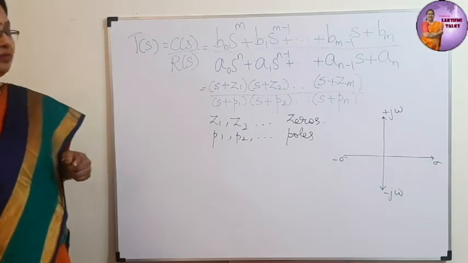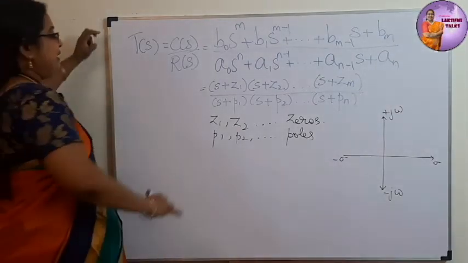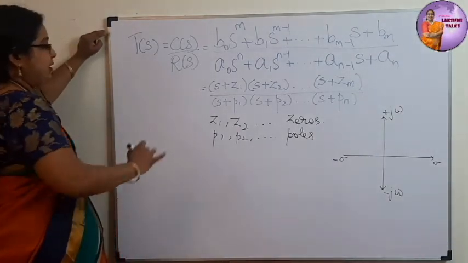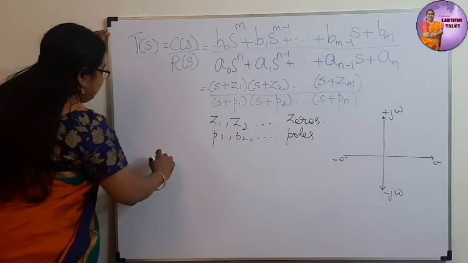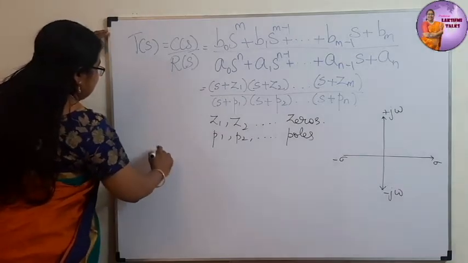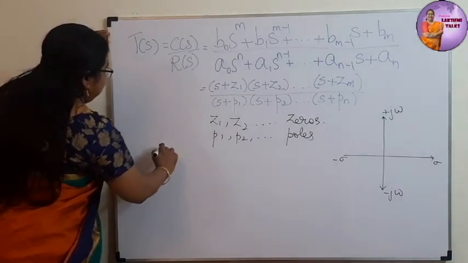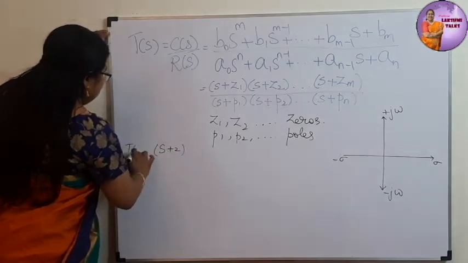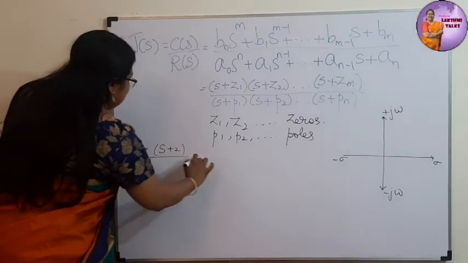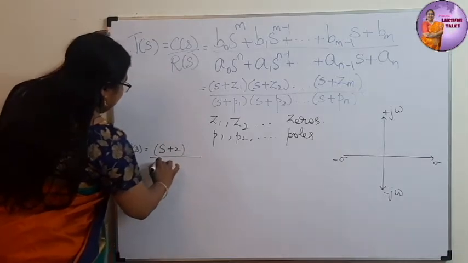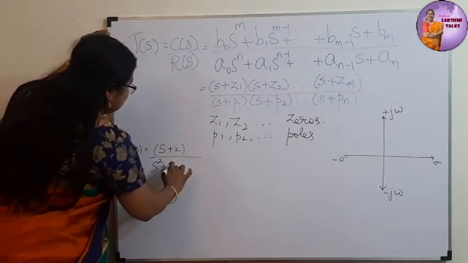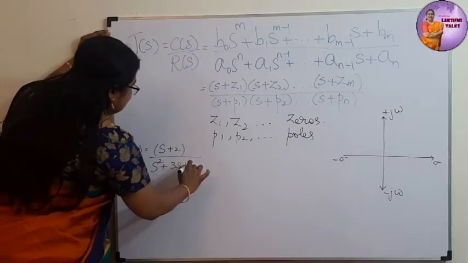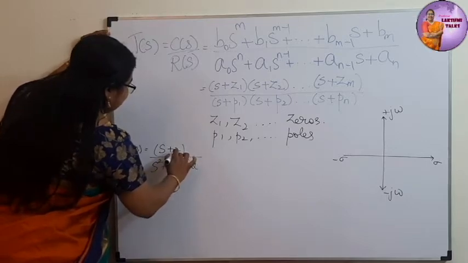Right? See, suppose let us assume that I have a transfer function like this. For example, T of s is equal to s plus 2 divided by s square plus 3s plus 2.